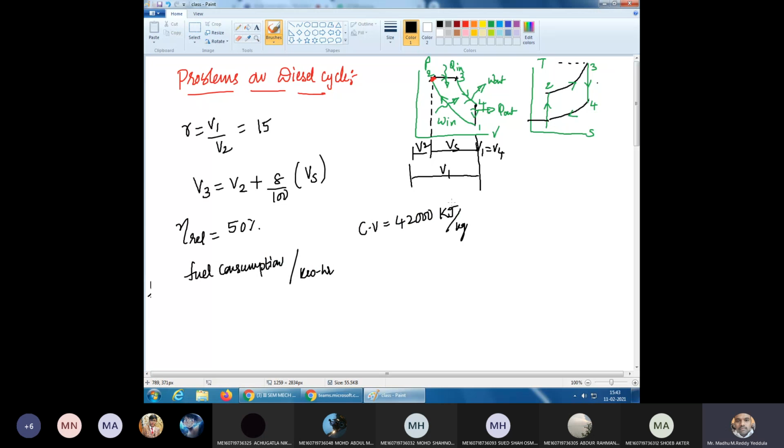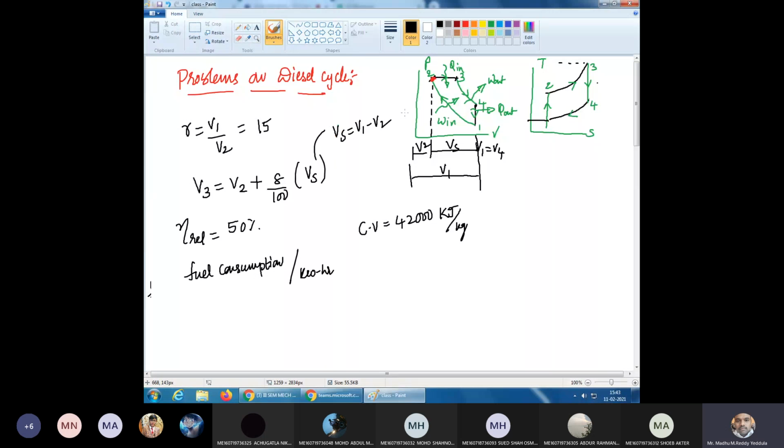Here the cutoff ratio is given in terms of stroke volume, but nothing is given about the cylinder bore or stroke length. Then how do we calculate the stroke or swept volume? As we know, Vs is equal to total volume minus clearance volume.